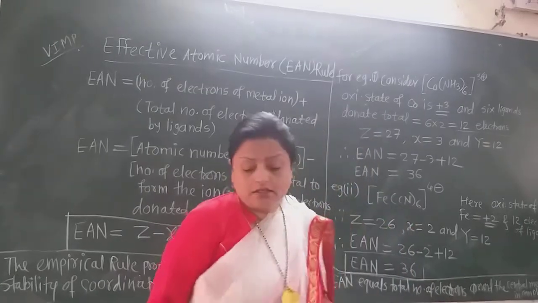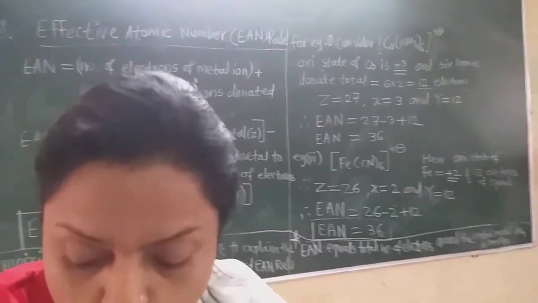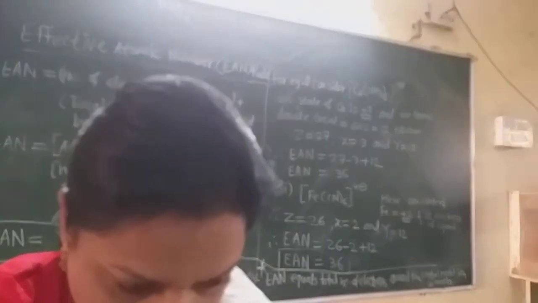Now let us see examples of how we calculate the effective atomic number of complexes.